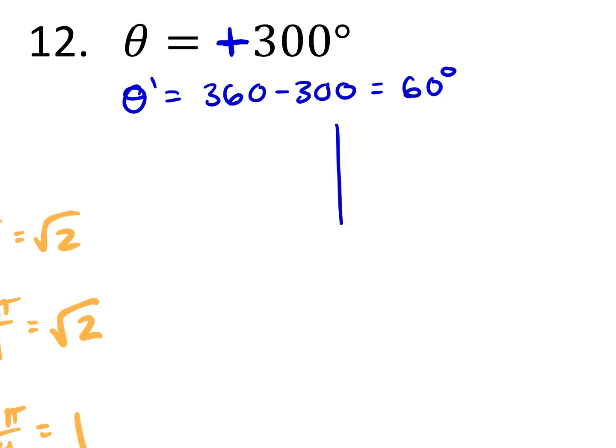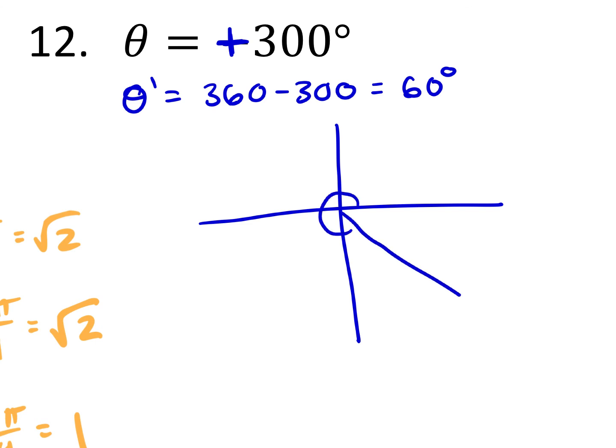So we can either just make a triangle or actually put it on our coordinate plane here. 300 would be in which quadrant? The fourth quadrant. And then we said our reference angle here is 60 degrees. So that makes our other angle 30 degrees. So we have a 30, 60, 90 triangle.